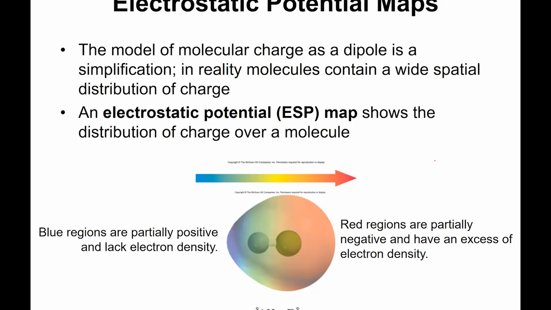This shows it via colors, where the blue region is the area that's partially positive and lacks electron density, and the big red region is the negative area that has excess electron density. So again, we would draw the dipole moment vector like this, but this map kind of showcases the electron density better. It shows it using size and color.